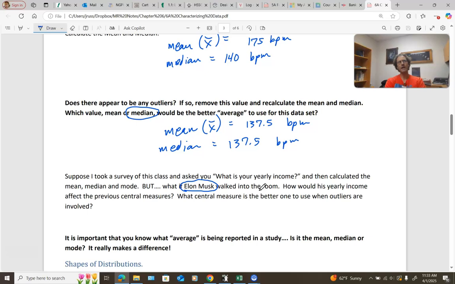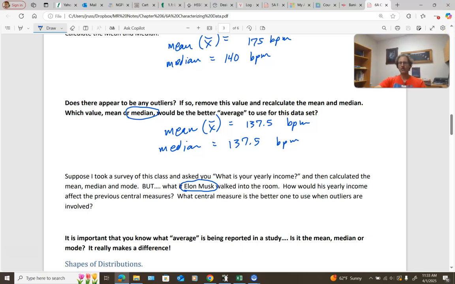Now, would you say that would be a good measure of the average? I would say no, because obviously we're not all millionaires, are we? Okay, but that one outlier would skew the mean so much that the mean is no longer even accurate. But the median would probably stay almost the same. Okay, it would vary very little. And so in this case, again, the median would be the better measure of central tendency.